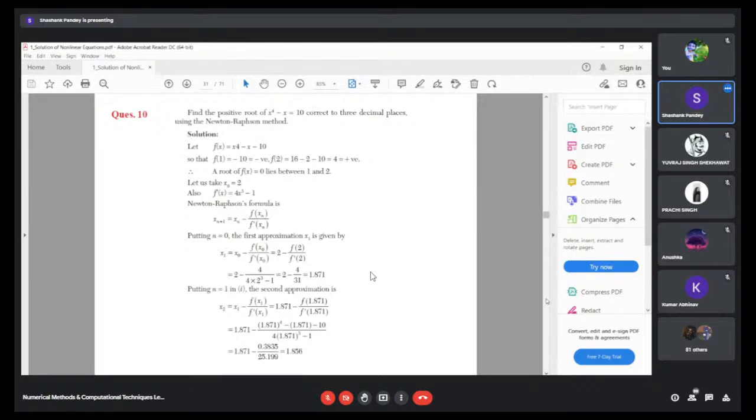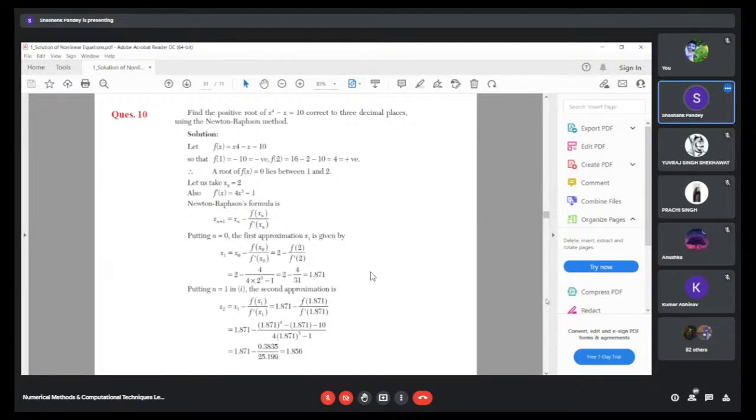We have just seen the general formula for computing the root as per the Newton-Raphson formula, which is x n plus 1, the root which we wish to compute, equals x n, the root at the previous step, minus the value of the function at the previous step divided by the value of the derivative of the function at the previous step.